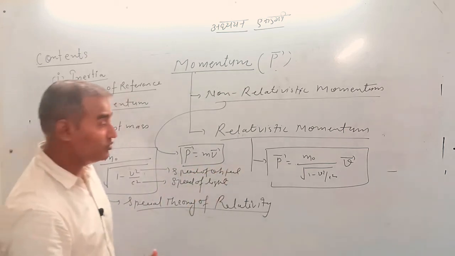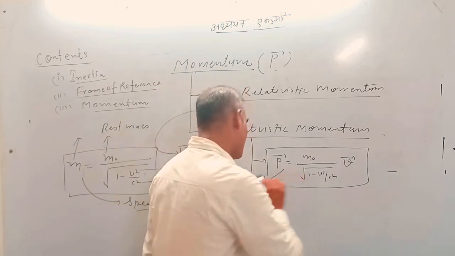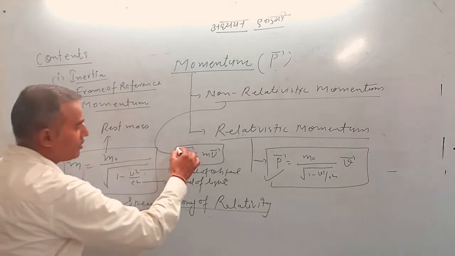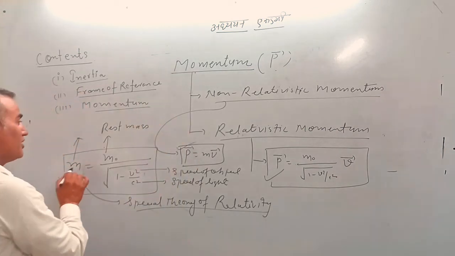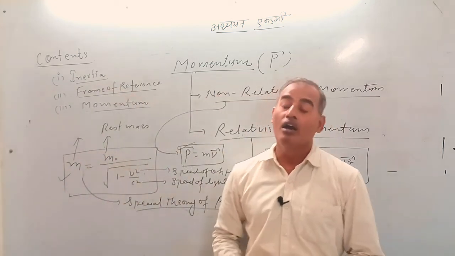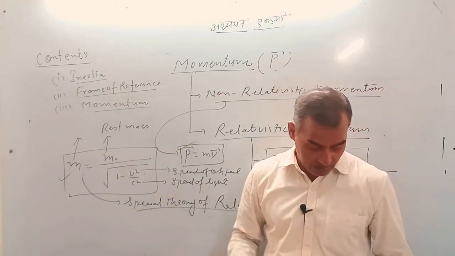So this is the relativistic momentum, and this is the non-relativistic momentum. This is the formula of variation of mass with velocity according to the special theory of relativity.